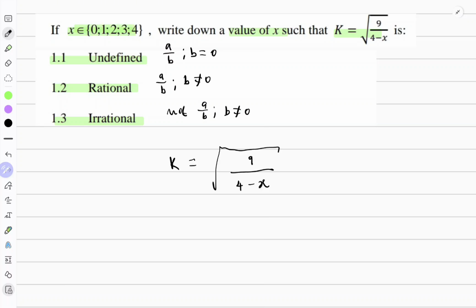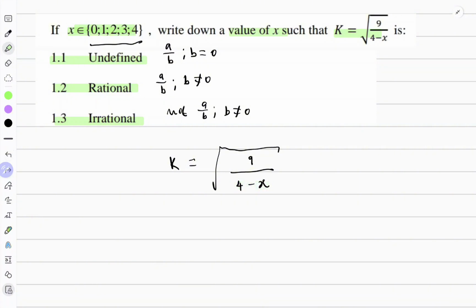So for the first question 1.1, let's find values of x such that k becomes undefined. So we need to try and find a number that would make the denominator 0.